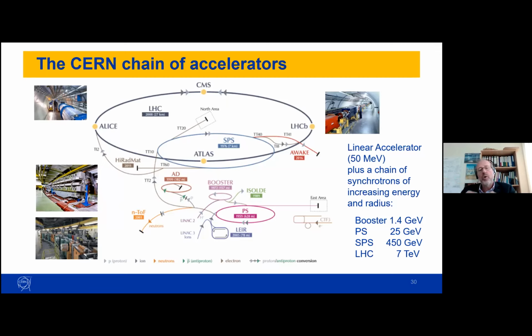This is why at CERN we start from some linacs, we go to a small ring, then to a second, larger synchrotron, to a larger synchrotron, and only after all this complex process do protons have enough energy to go to the Large Hadron Collider, where their velocity is practically equal to the speed of light. So this is the reason why only at this moment we can go to the Large Hadron Collider.